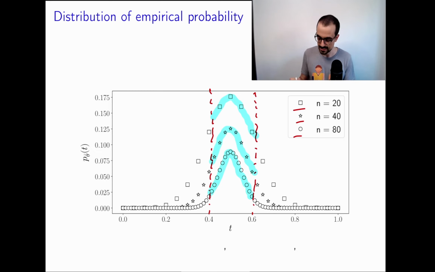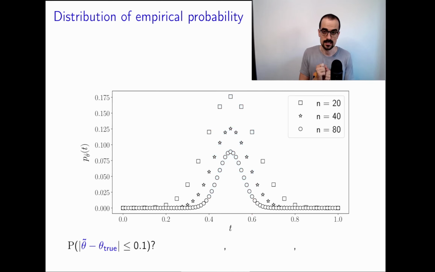And it does seem that for n equals 80, the probability is more concentrated around the true value of 0.5. Let's make this precise. Let's actually compute the probability that the error is below 0.1.